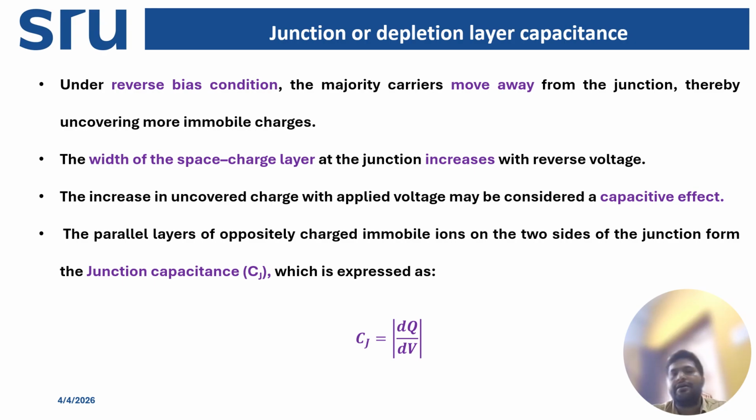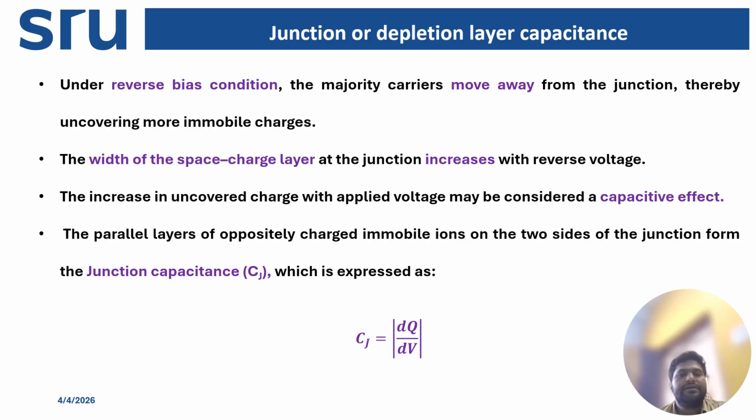Let us understand it clearly. So why does junction capacitance occur? In a PN junction diode, the P region and N region are like two conducting plates. Between them there is a depletion region. The depletion region has no free charge carriers. It behaves like an insulating layer.